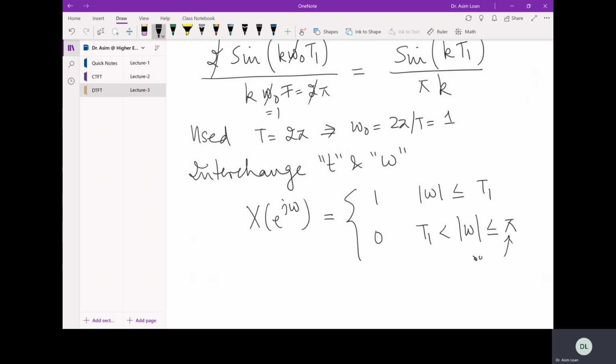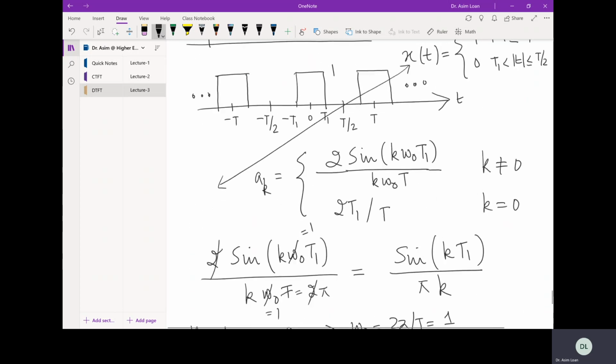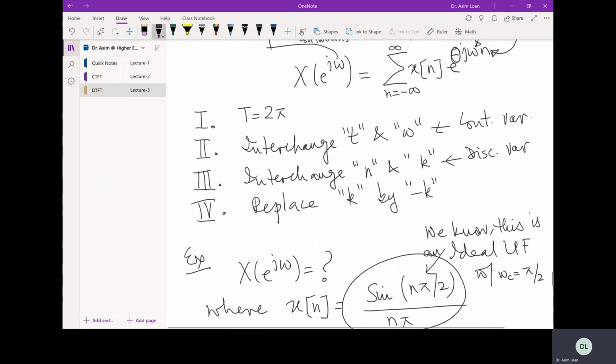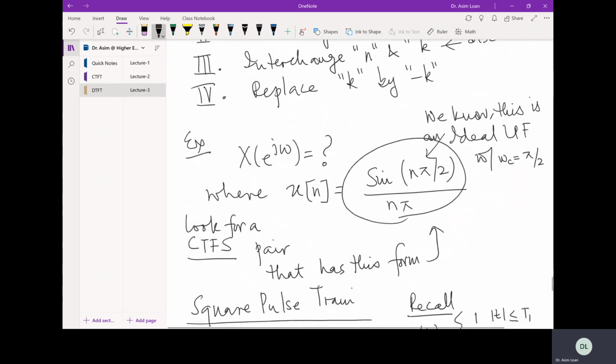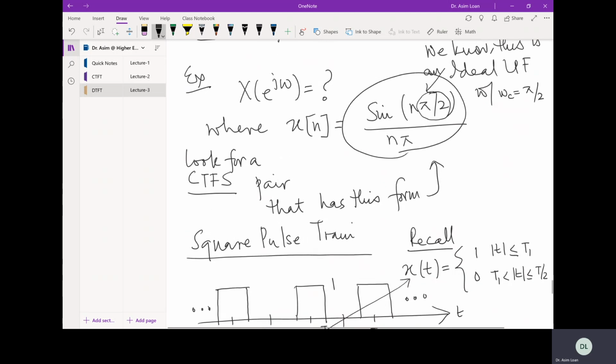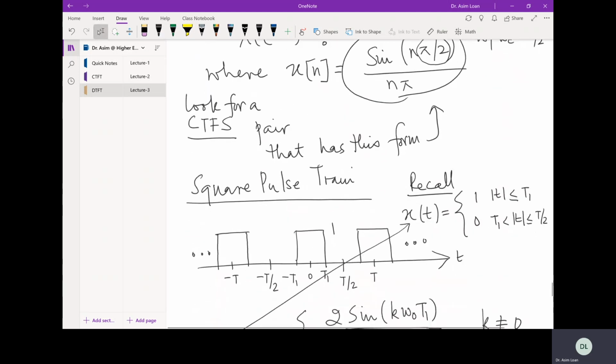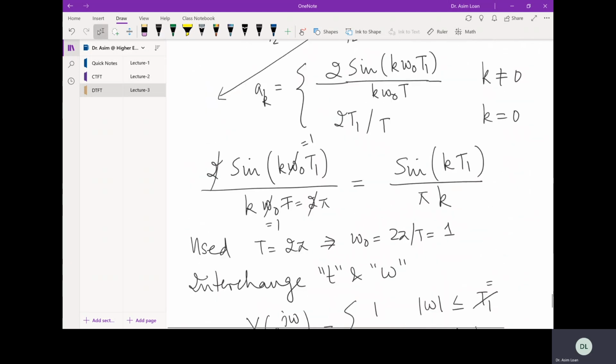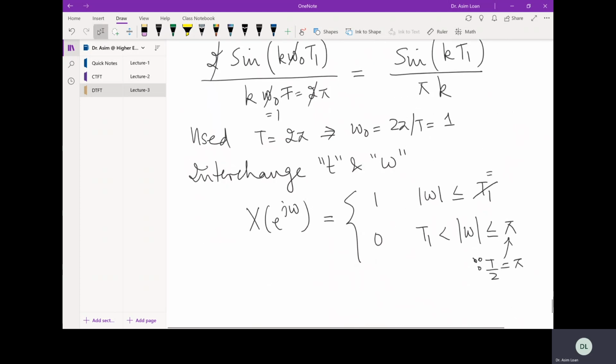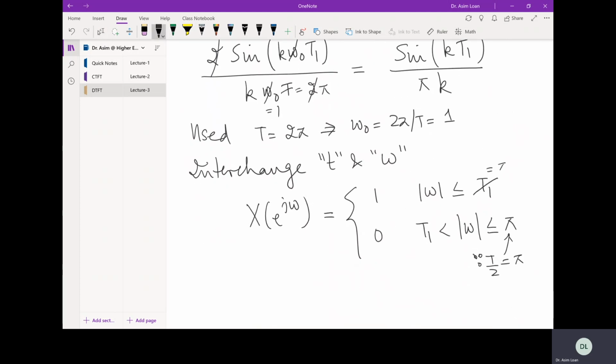This is because T by 2 equals pi. Since we are interested in finding the Fourier transform with the cutoff frequency pi by 2, we say t1 equals pi by 2.